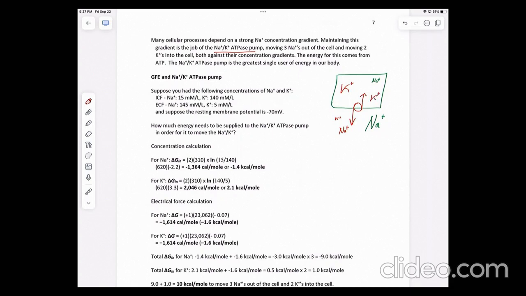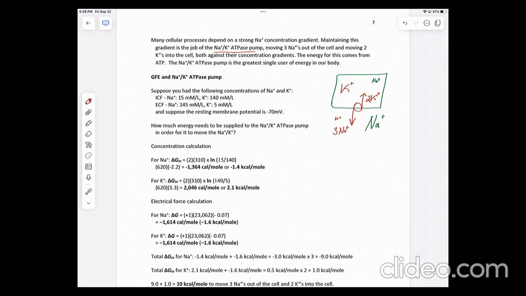Also, you're quite aware that this is a 3-to-2 deal. For every 3 sodiums that are pumped out of the cell, it's pulling in 2 potassiums. I'm also moving charge, so every time this pump spins, I am pushing 3 positives out and pulling only 2 positives in.